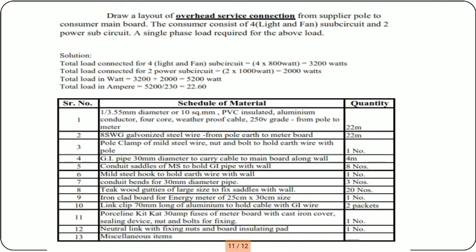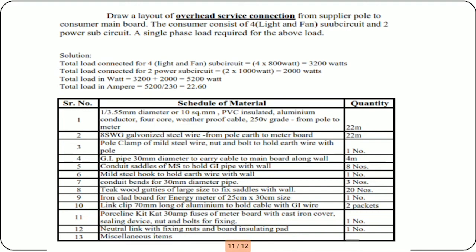Solution: first calculate the total load connected for the lighting sub-circuits, that means 4 fan and lights. 4 into 800 watt, one sub-circuit having 800 watt, so the total of 4 sub-circuits is 3200 watt.